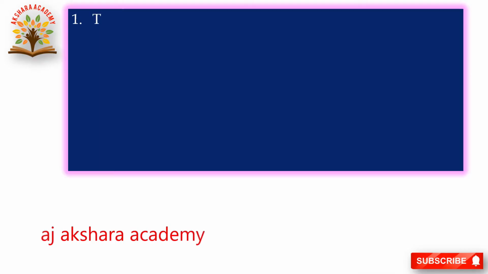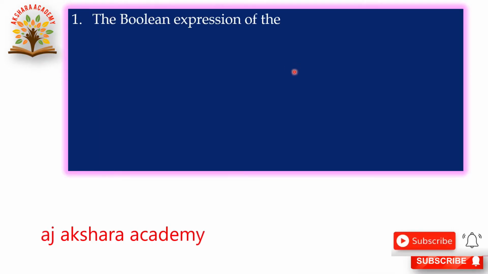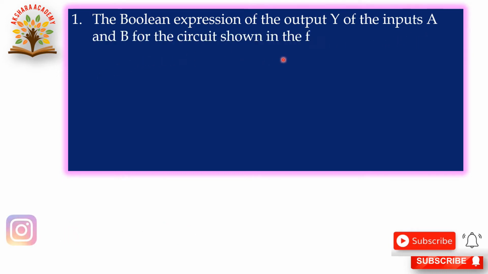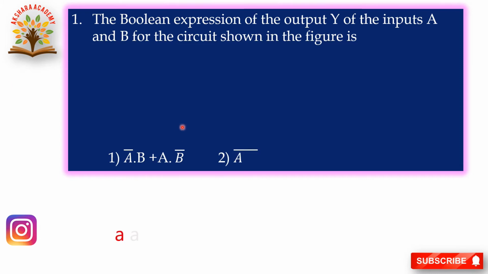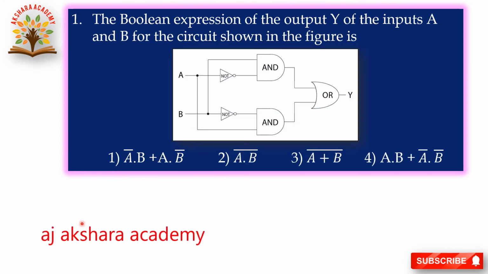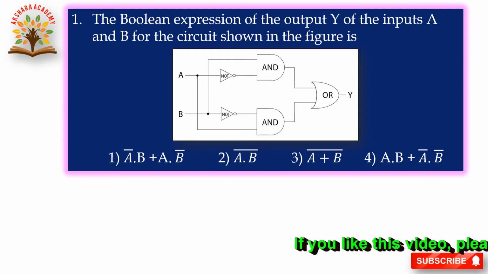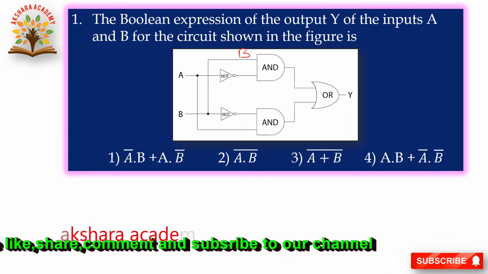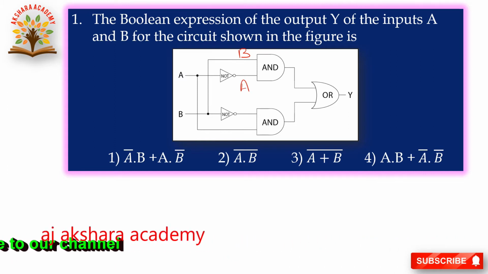First one. In this question, the Boolean expression of the output Y of the inputs A and B for the circuit shown in figure is, observe this diagram here. Now, what is the Boolean expression of the output Y? This is A and here B and here A bar.